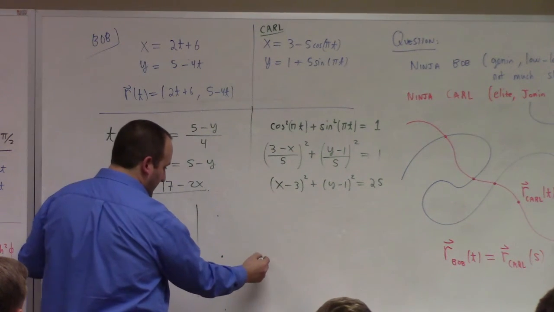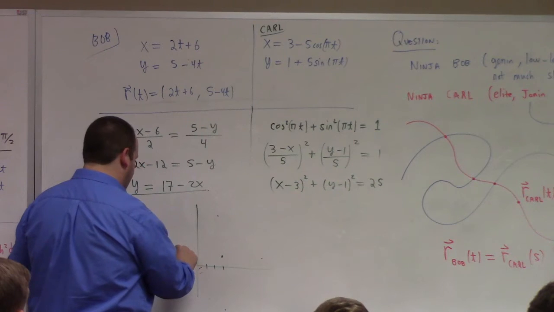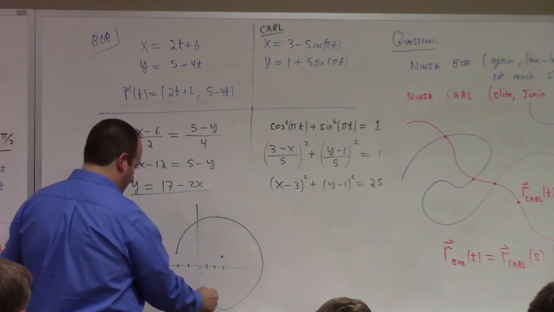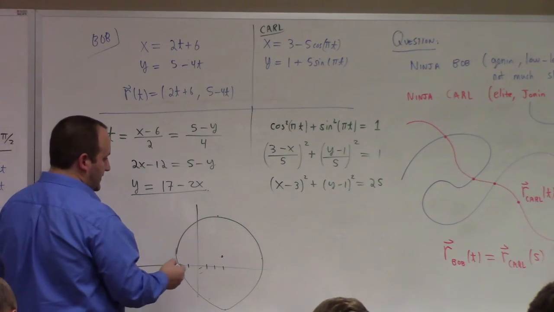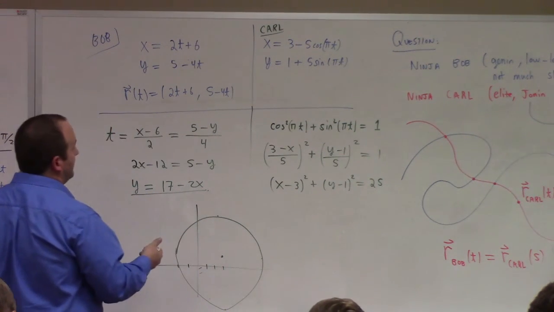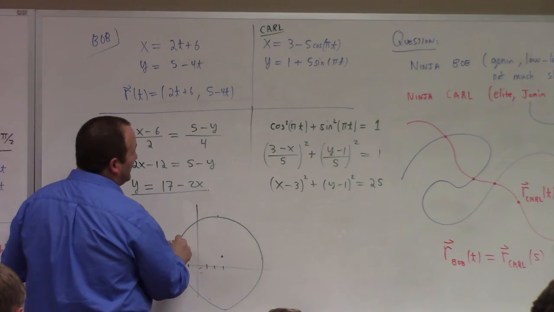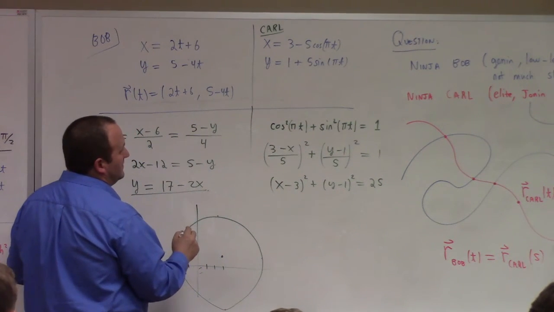I may have chosen a poor scale for my drawing, but we'll find out soon. Roughly speaking, this is the path. This is Carl. And I'm not sure which way he's traveling.